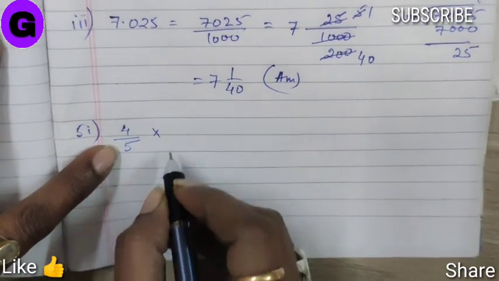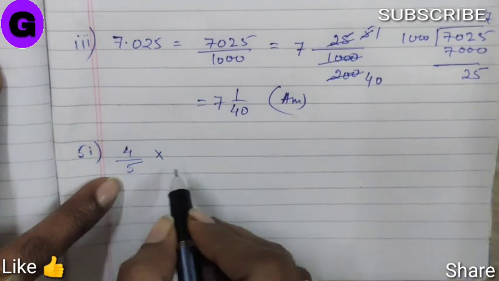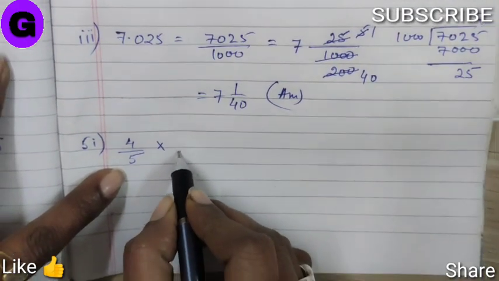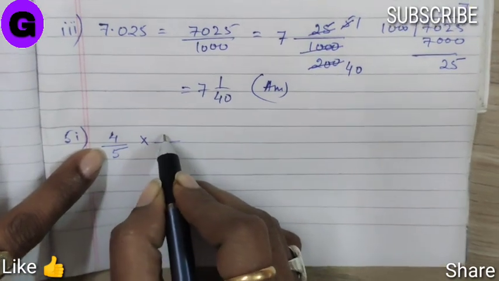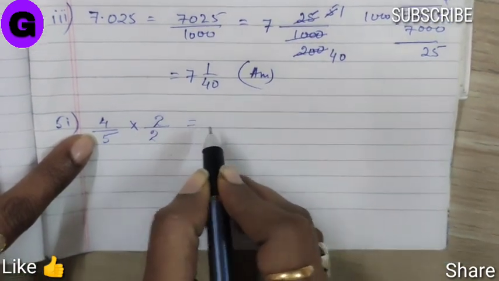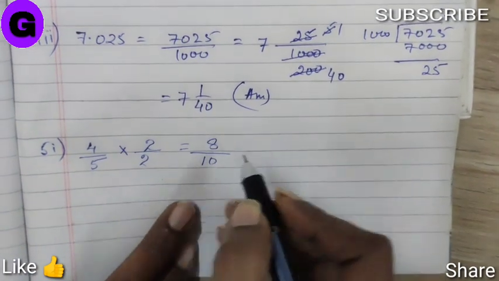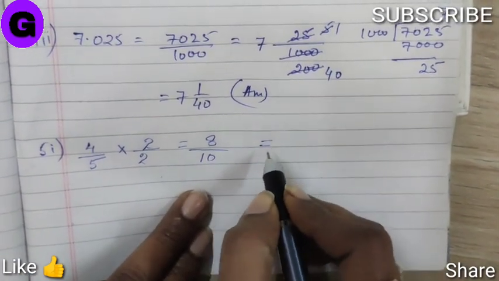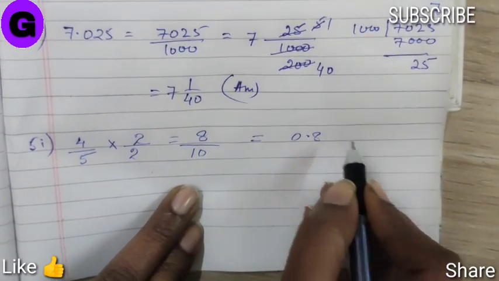So by what number? If we multiply 5, we are going to get 10. It is obviously 2. So with the same number, we will multiply 4. So the answer will be 8 by 10. Now this can be easily changed into decimal by reducing the 0. So the answer will be 0.8.